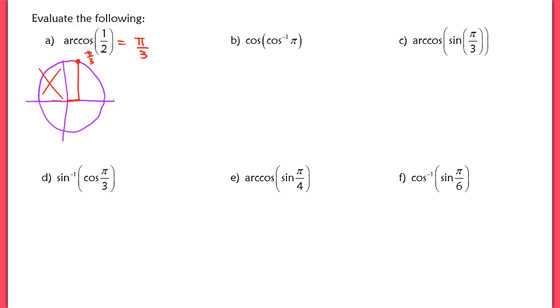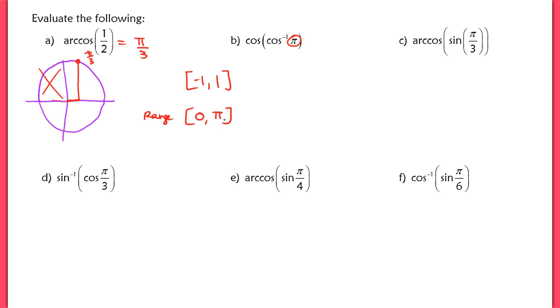All right, now B is a little bit tricky. The reason it's tricky is that you see this pi here, and you think, oh yeah, that's right, the inverse cosine is defined between 0 and pi. But that's not actually true. Its domain is defined between negative 1 to 1, right? Its output, its range, is between 0 and pi.